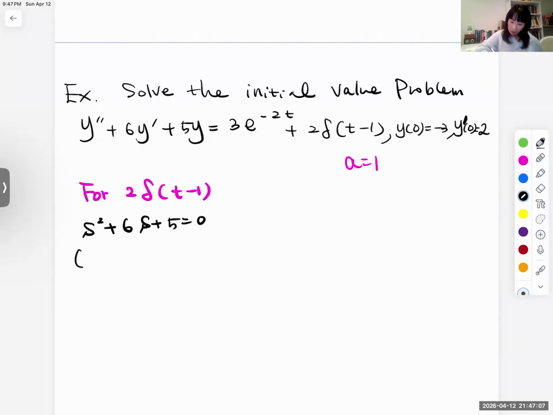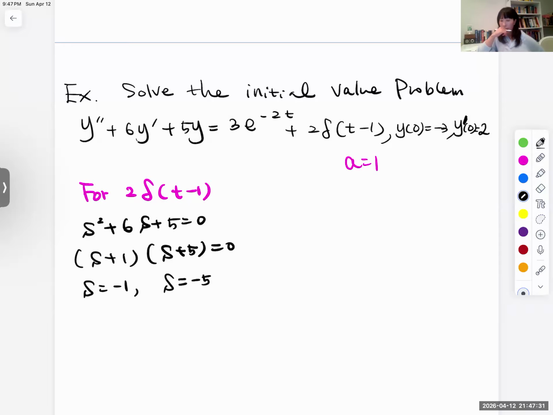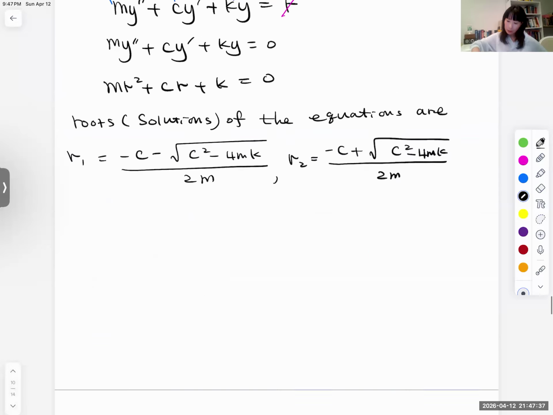Then factoring, 5 and 1: (s plus 1)(s plus 5) equals 0. So s equals negative 1 and s equals negative 5. In that case, we have two real roots. Let's take a look here.